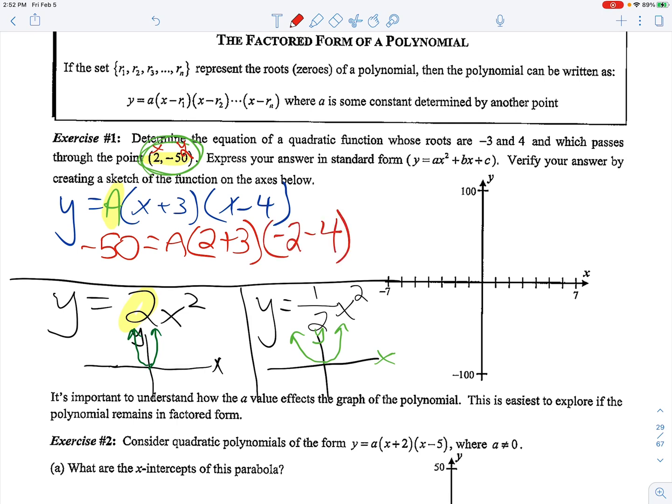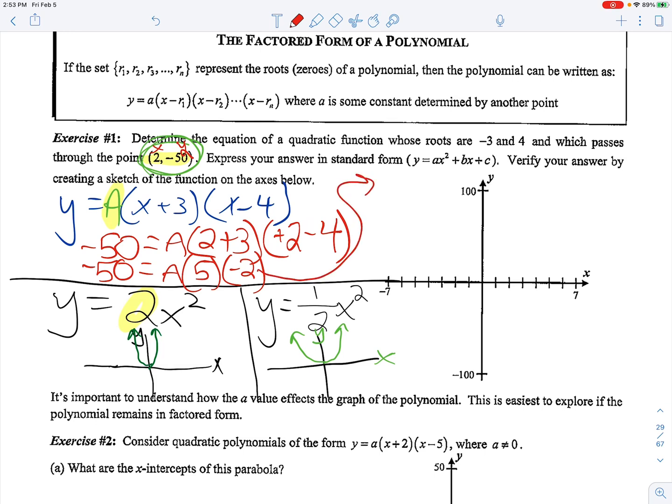So if I put negative 50 in for Y, that equals A, plug in 2 for X, times 2 plus 3, times 2 minus 4. Can that get me to solve for A? I think so. That would be A times 5, negative 2, take away 4.